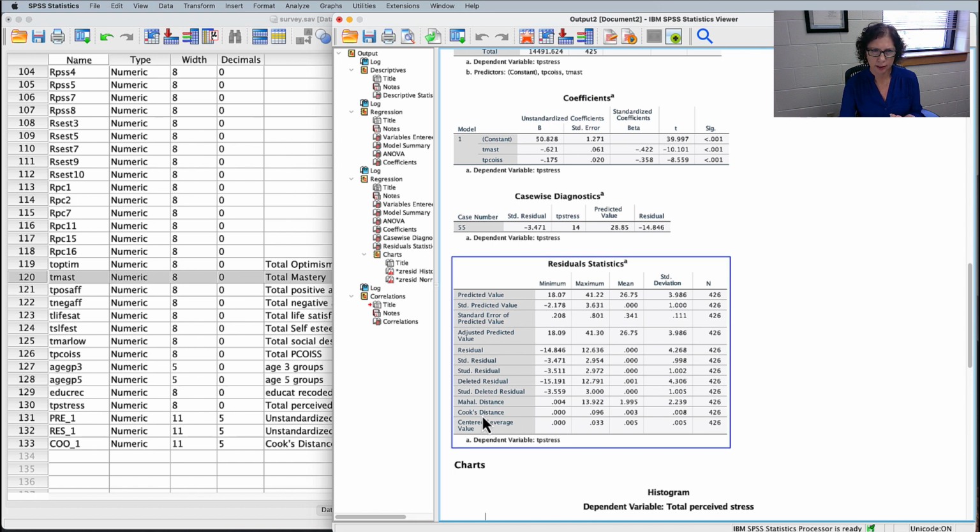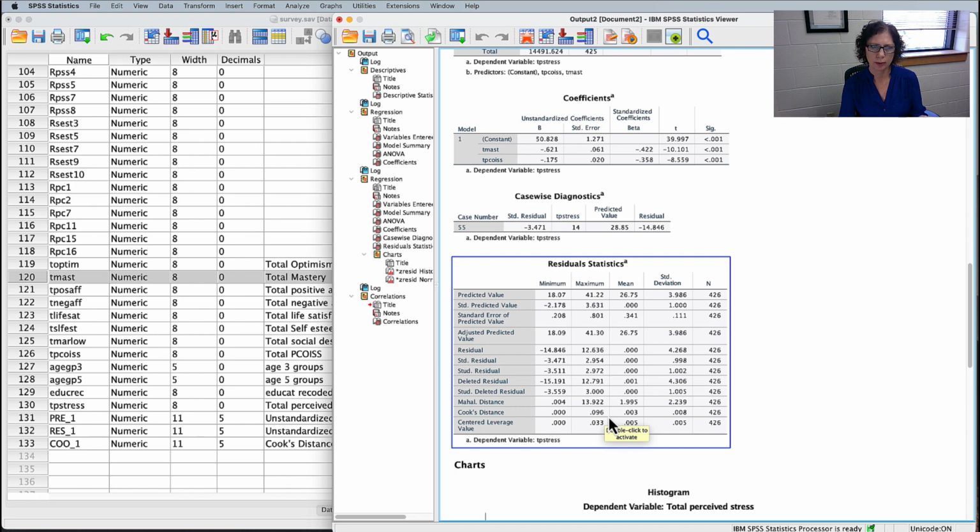Another thing you check there is Cook's distance. So down here in our residual statistics, Cook's distance says the largest value it had was 0.096. And our cutoff for Cook's distance is 1, plus or minus 1. And we see that there were no cases with a greater Cook's distance than 1.